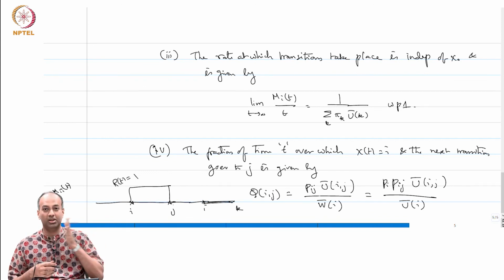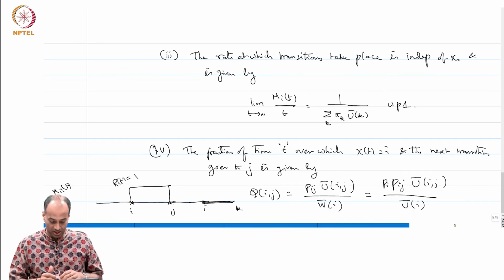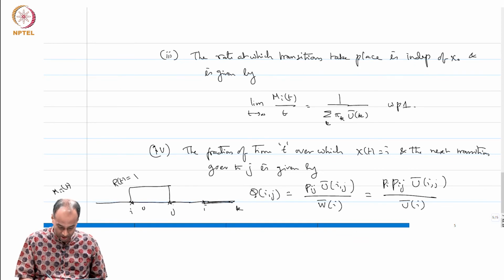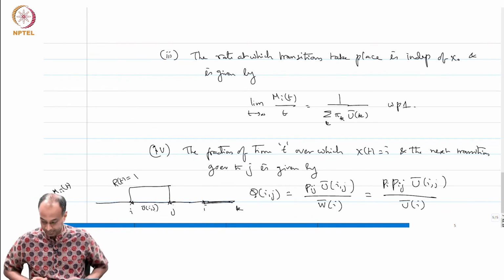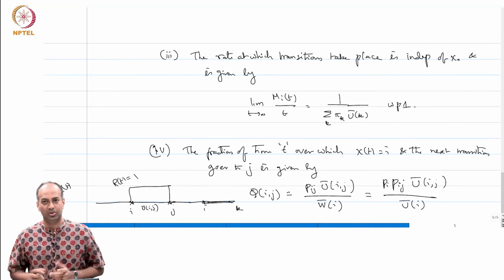In that case, you collect a reward of u bar ij, that is the expected duration in which you stay. From this you can calculate this quantity, alright, good. So, these things you can calculate using renewal processes.